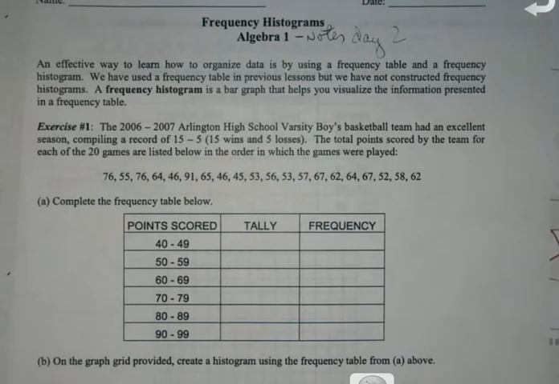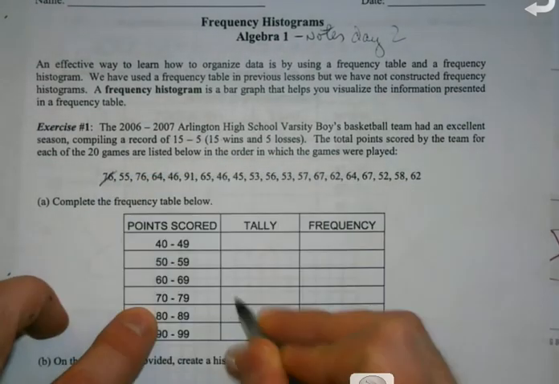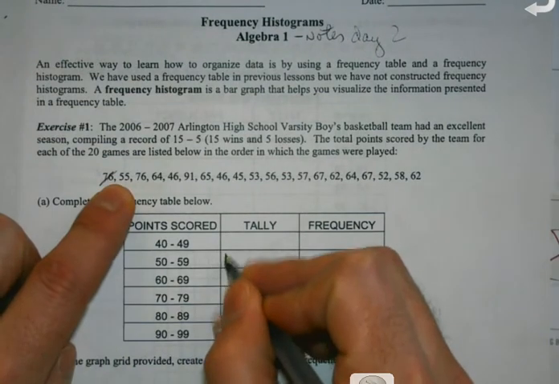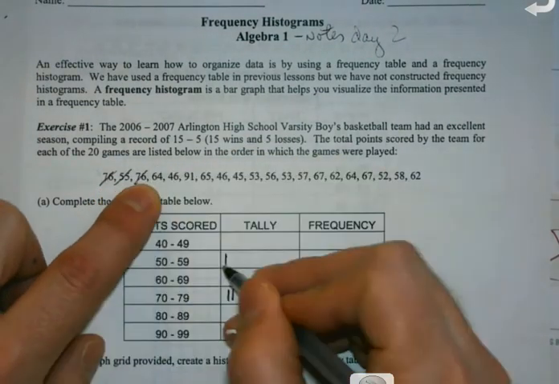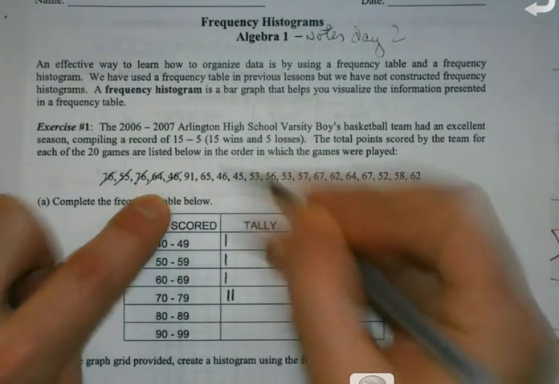So all I have to do this time, unlike when we were doing stem and leaf, is figure out which range they fall into and just put marks in the column. So for instance here, 76 would be 70 to 79. And I'm just going to work my way along the list, putting a little mark in that range each time.